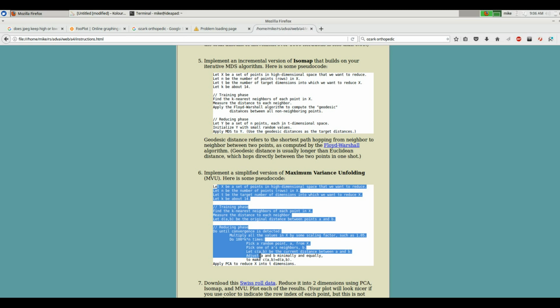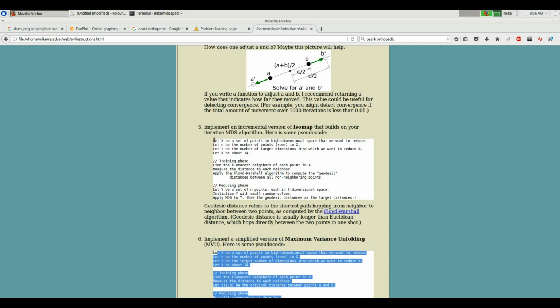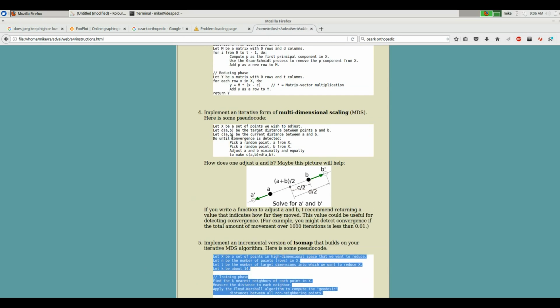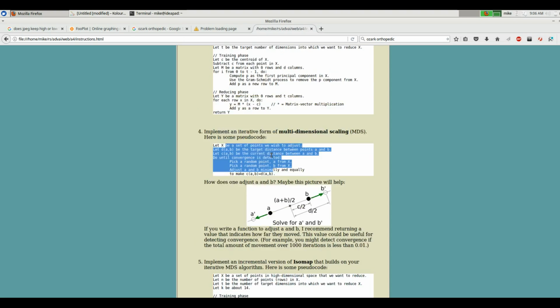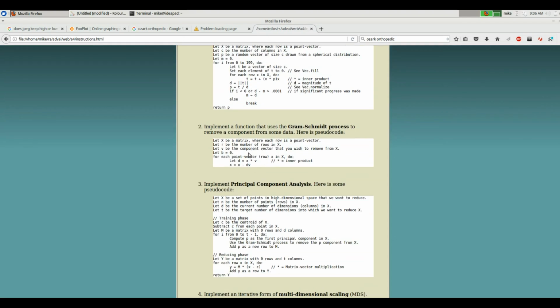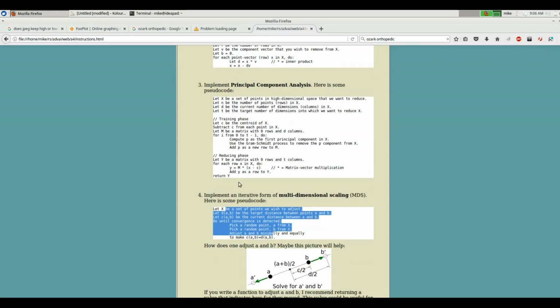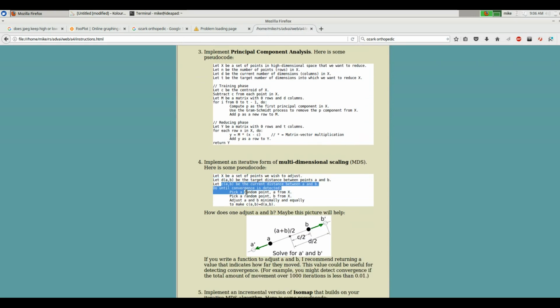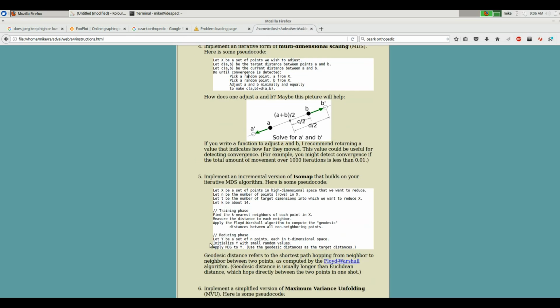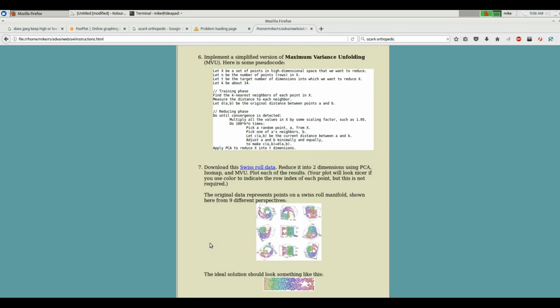And then hopefully by comparing two algorithms rather than just doing one, you'll get deeper insights and understanding of how it all works. I could just have you omit isomap, but if you've already got multidimensional scaling, then the only thing that's missing is the Floyd-Warshall algorithm, which is just a couple of for loops. And so I don't think it's actually much extra work for you. So there you go, that's the assignment.